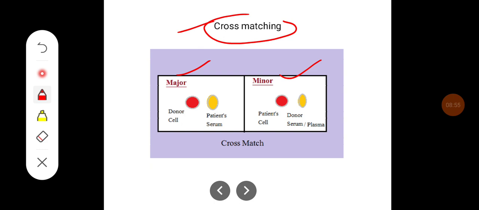In major cross matching, the donor's RBCs are matched with the patient's serum, whereas in minor cross matching, the patient's RBCs are matched with the donor's serum. This can prevent some of the antibody reactions that could occur because of the minor blood group systems.